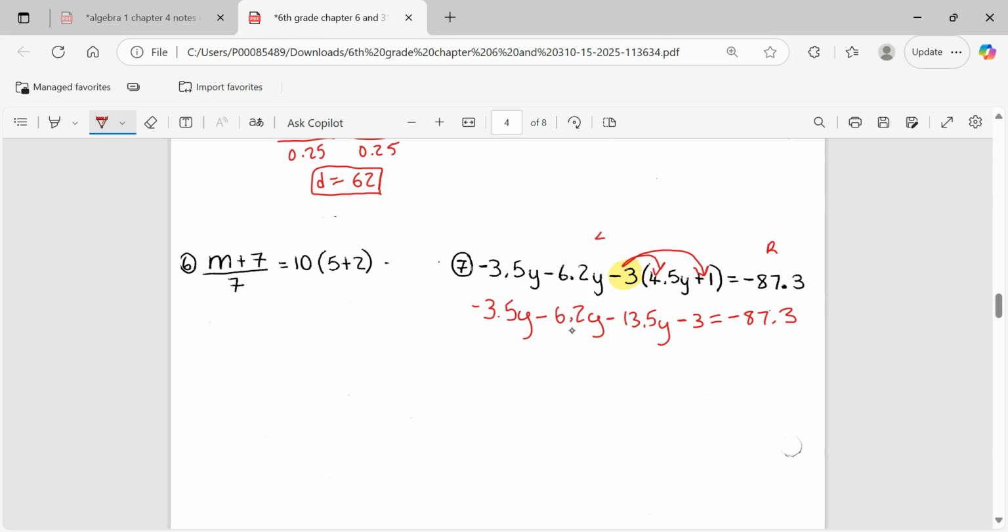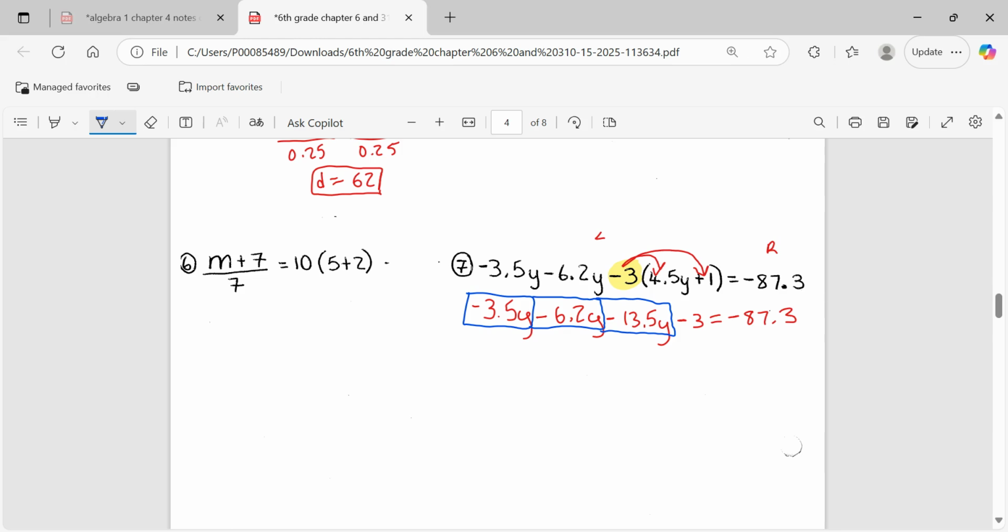Then I still want to look at my left side because there's a lot going on here. Can I simplify anything else? Well, hopefully I can see that -3.5y is like terms with -6.2y is like terms with -13.5y. These are all y's. So because they are all the same variable, I can go ahead and add them.